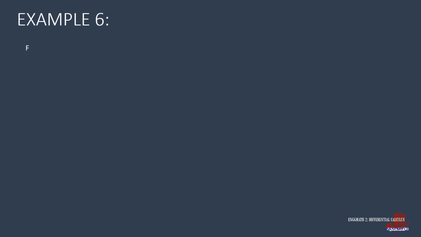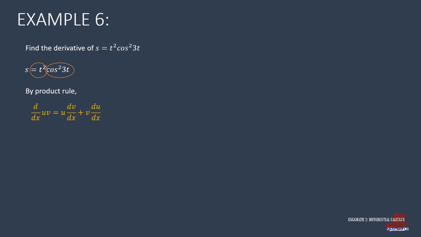The next example involves the equation s is equal to t squared times cosine squared of 3t. This time, there are two terms in the function, t squared and cosine squared of 3t. Having two terms multiplied in the function, we start with the product rule, having the pattern u dv plus v du.